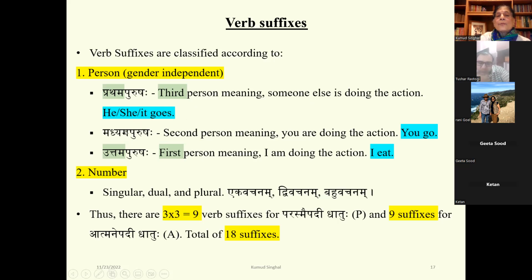Then you have madhyama purushaha, second person, meaning you are doing the action. You go, you sit, you eat, and so on. Uttama purushaha, meaning first person, meaning I am doing the action. I eat, I sleep, I drink, and so on.